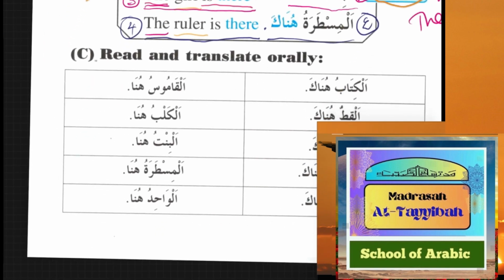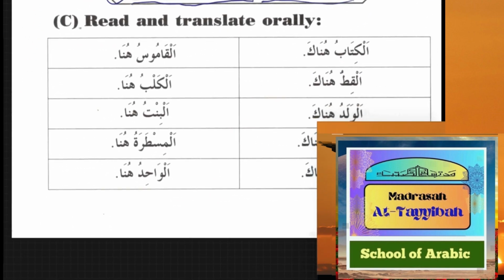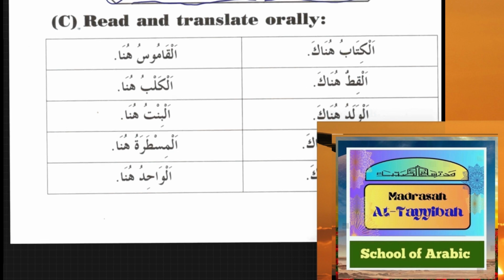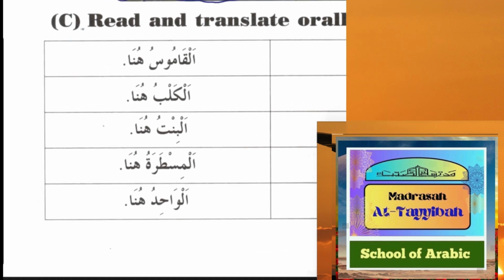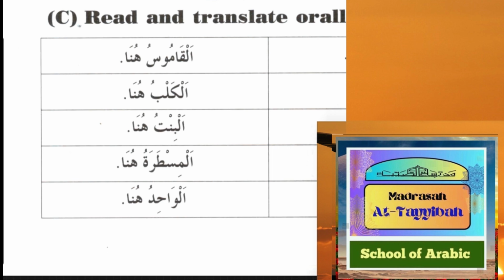طيب, let's move on. C, read and translate orally. اقرأ وترجم. Translate is ترجم. So we're looking at the first column here, which says القاموس هنا. And here we see all the sentences end with هنا, and هنا means here, right?